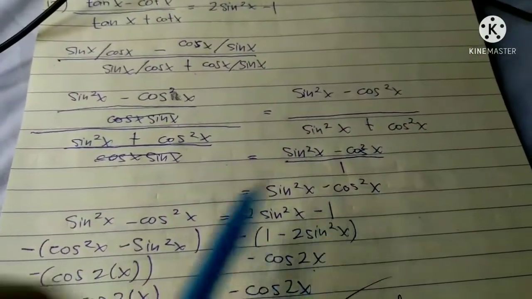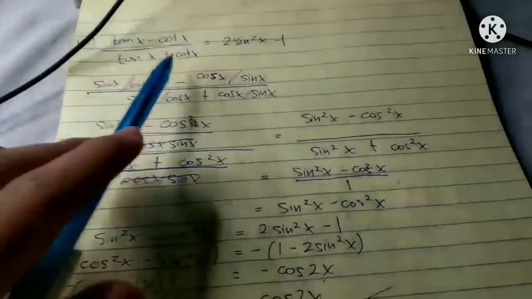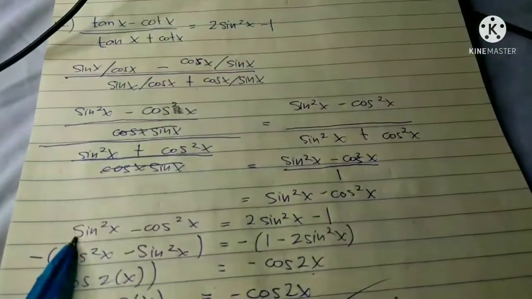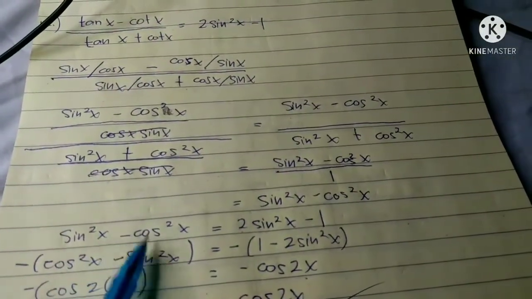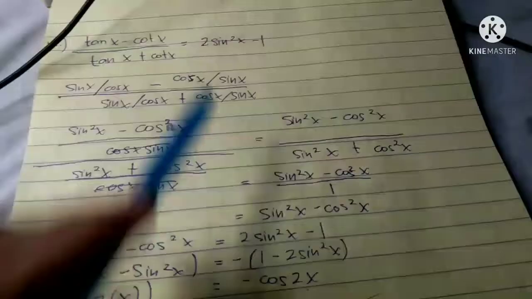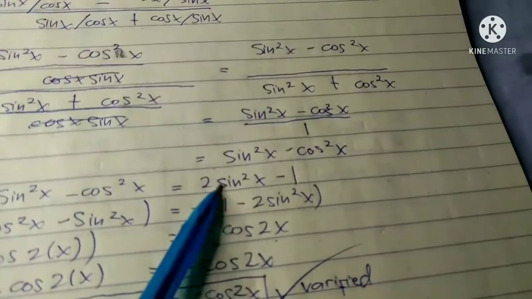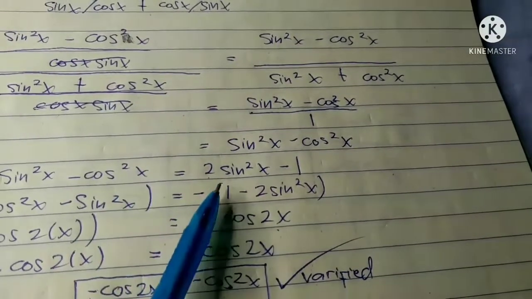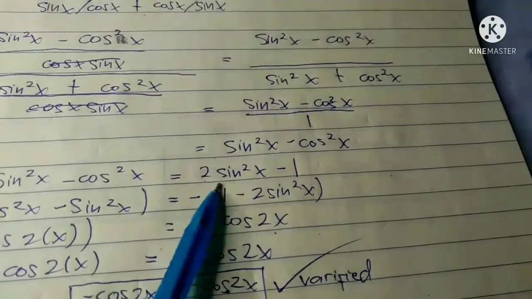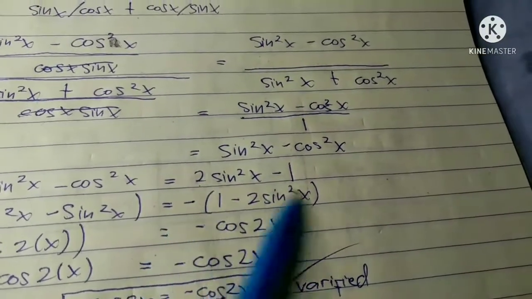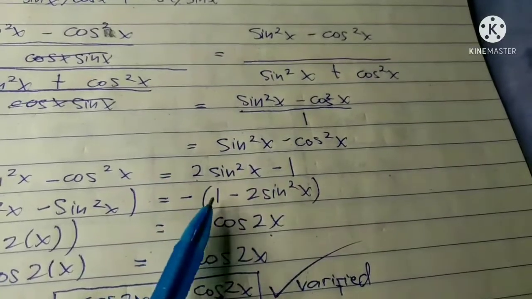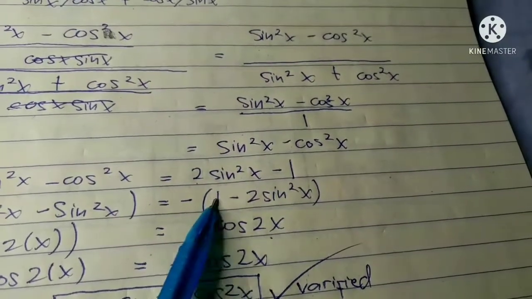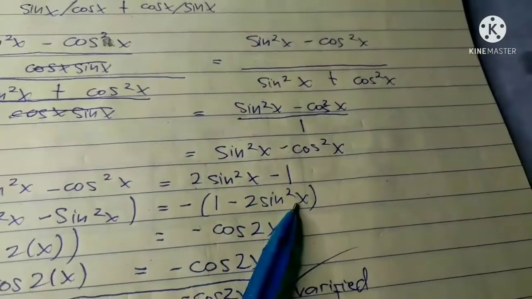Now since we have this, we can write it here because we solved this. We have sine squared x minus cosine squared x equals to this one, copy, 2 sine squared x minus 1. So we can put negative outside, so we are left with 1 minus 2 sine squared x.